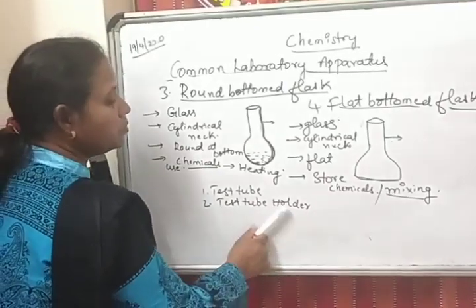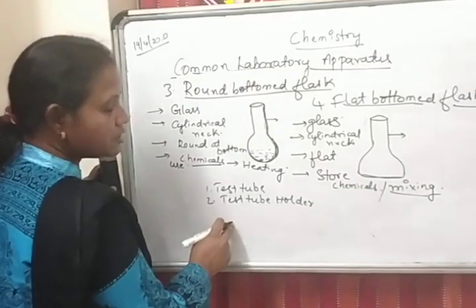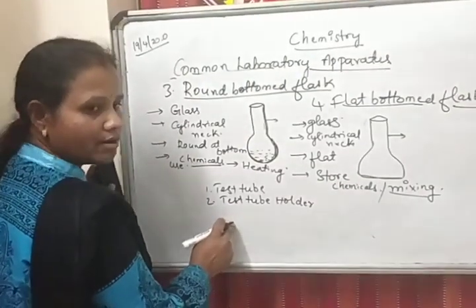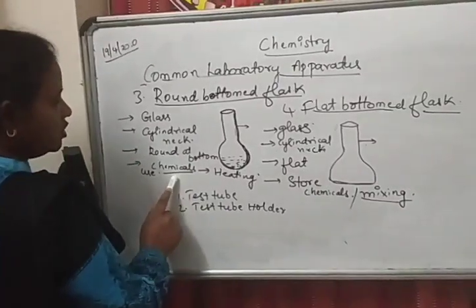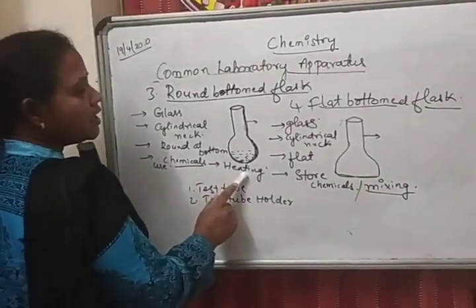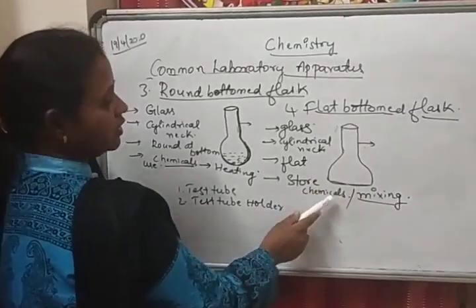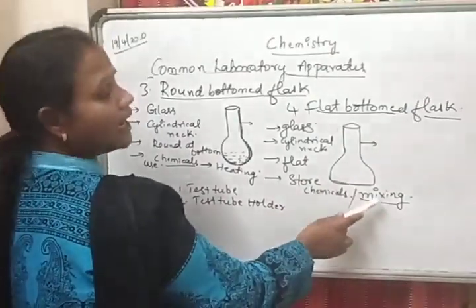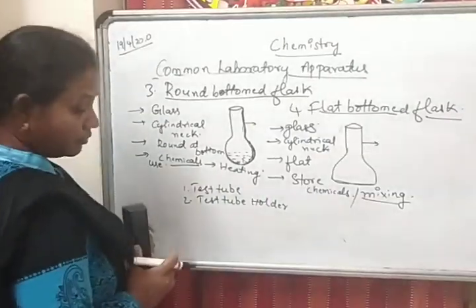Next, test tube holder. It is used to hold the test tubes during chemical reactions. Next, round bottom flask. It is used for heating the chemicals. Flat bottom flask is used for storing the chemicals, and also for mixing the chemicals.